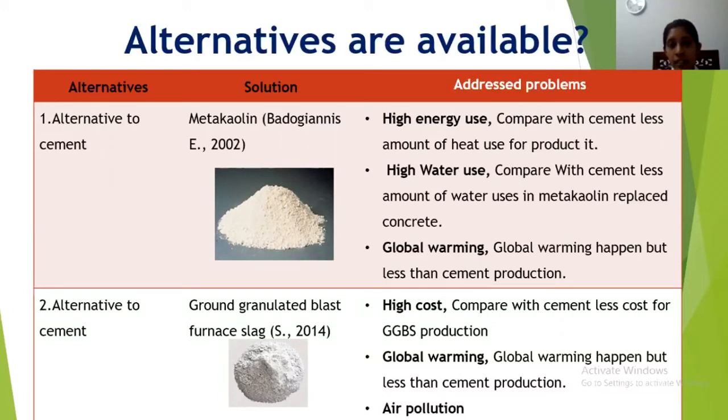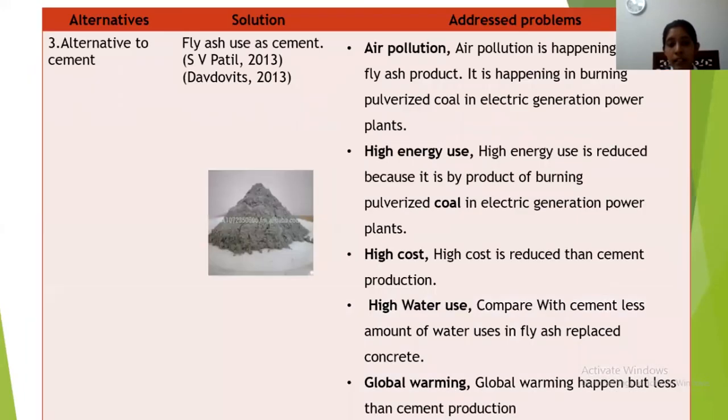And the second one is GGBS, ground granulated blast furnace slag. Compared to cement, its advantages are less cost of production and less contribution to global warming and air pollution. And the third one is fly ash.